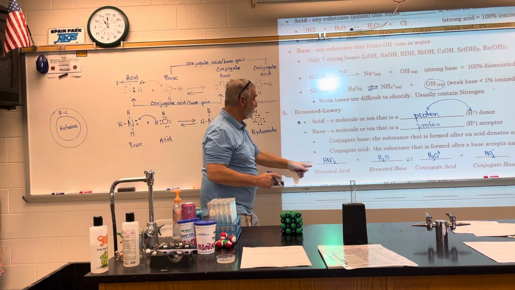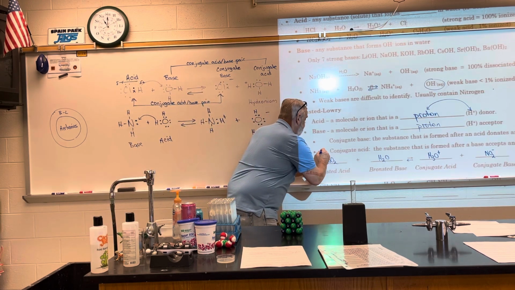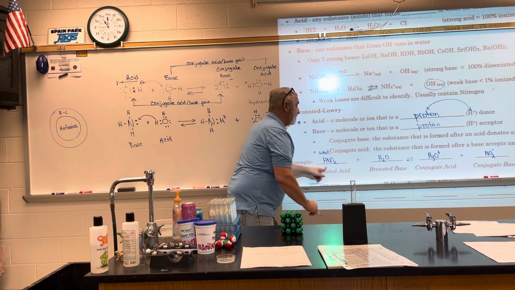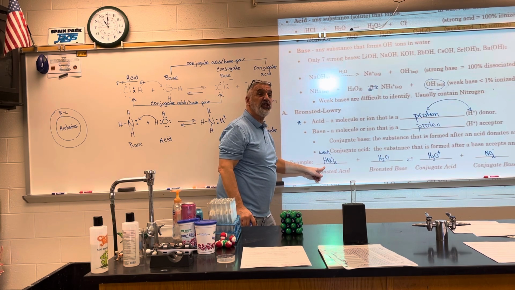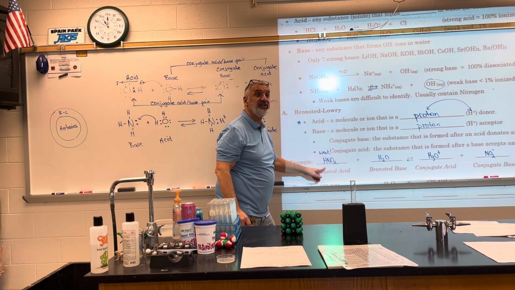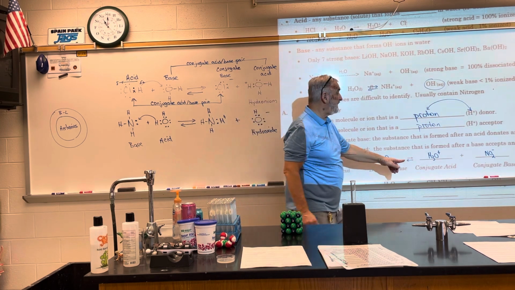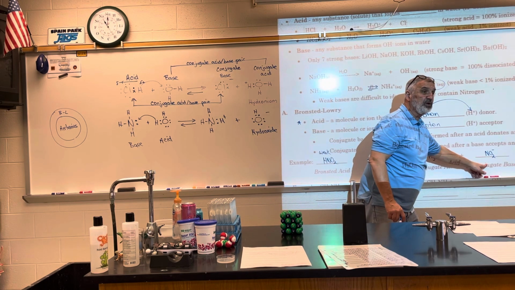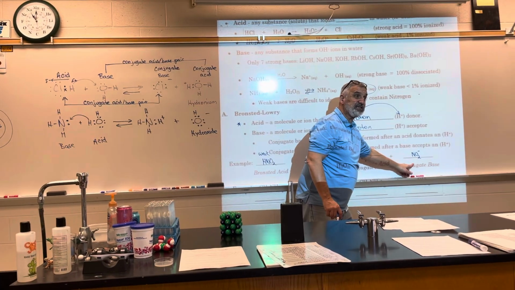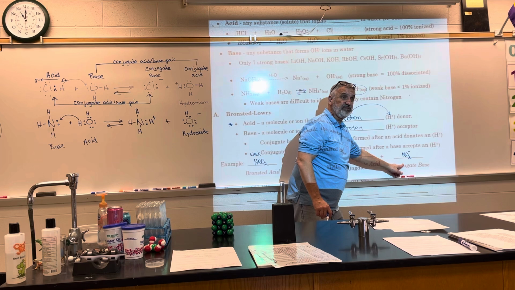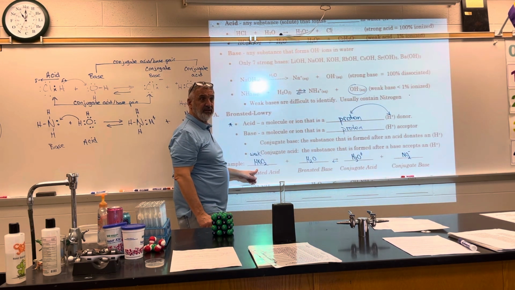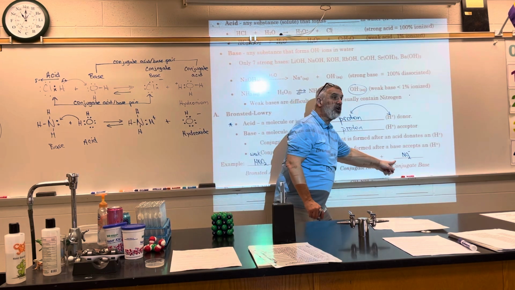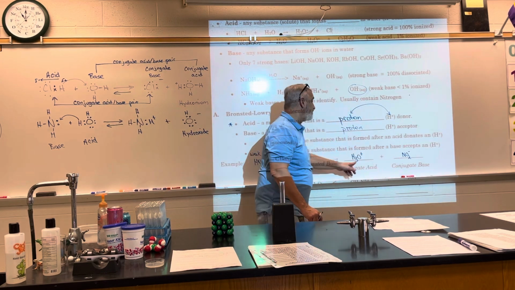So if I look at this, though, this is a weak acid, which means it only donates a few, less than 1% generally of these hydrogens. So when it gets over here to NO2 minus, what do you think? Does it want to get the hydrogen back or not? If it only was willing to give up like 1 out of 100, yeah, it's going to have a much stronger attraction to get that hydrogen back.